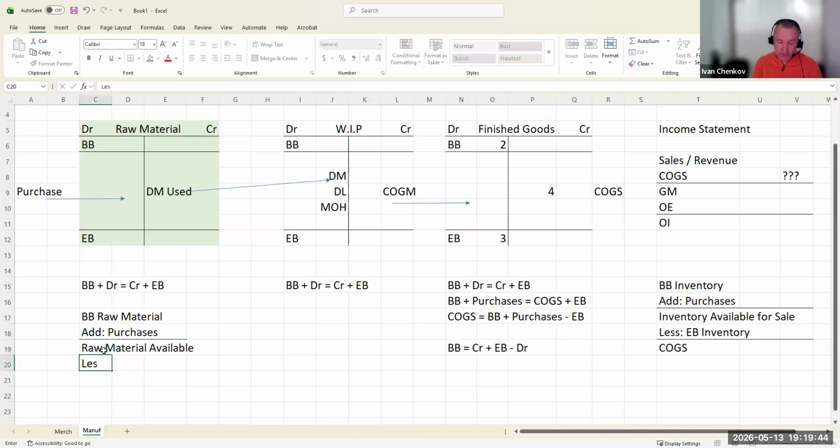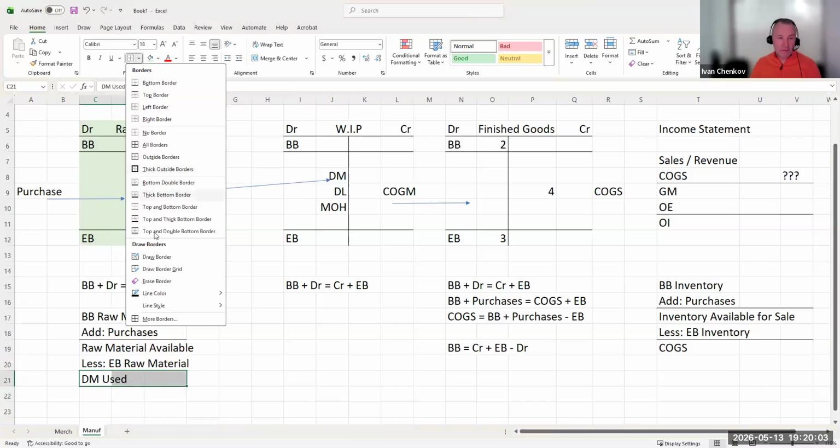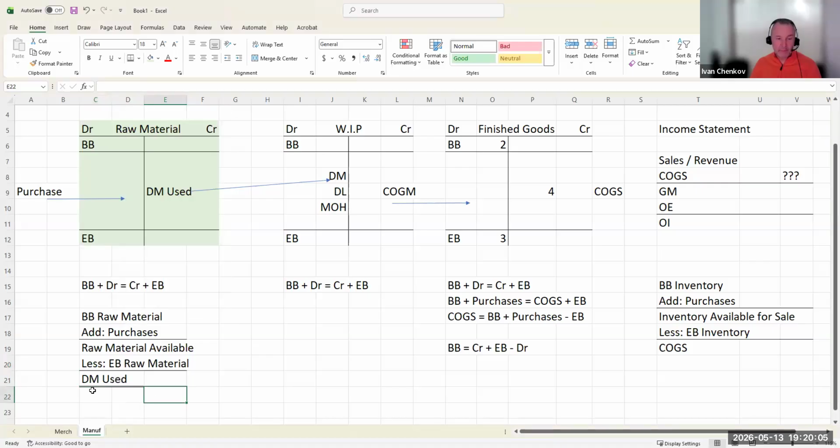Once I deduct, less ending balance of the raw material, then I'm going to get direct material used. Okay, my first objective is met. I get the direct material that I use in my production.